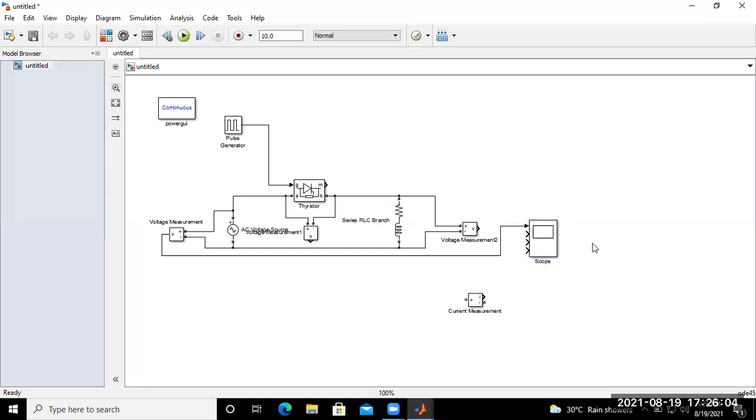And next the gate pulse on the second, and next the output voltage, that means the third one, and next the voltage across the thyristor. So this one, just put here 0.03, and here put on the cables.